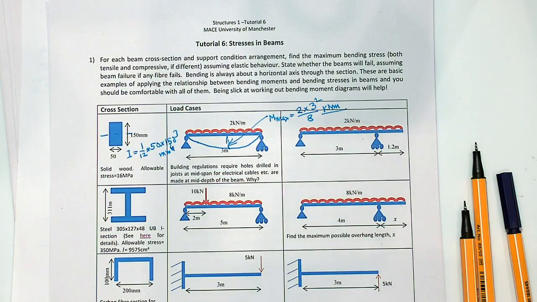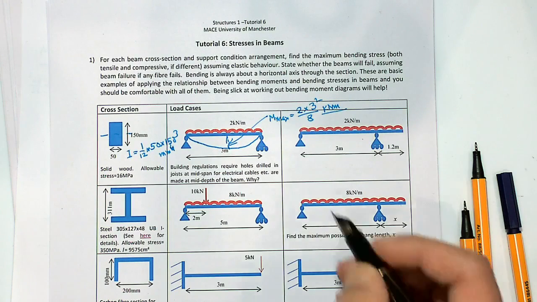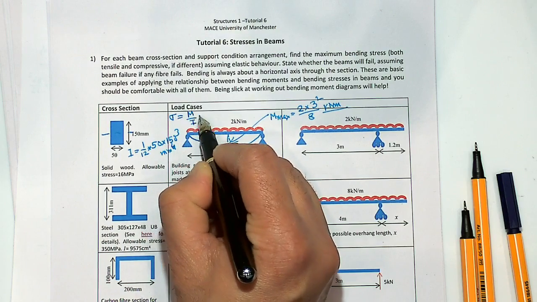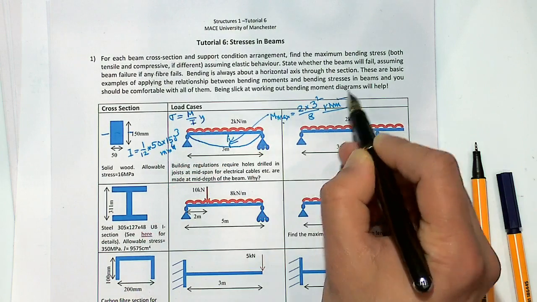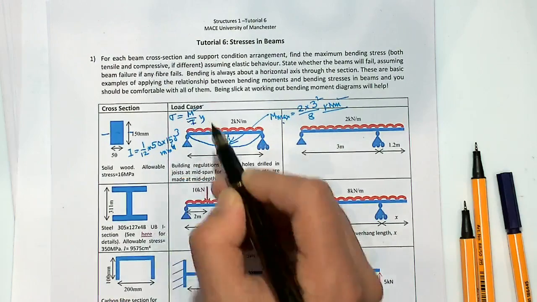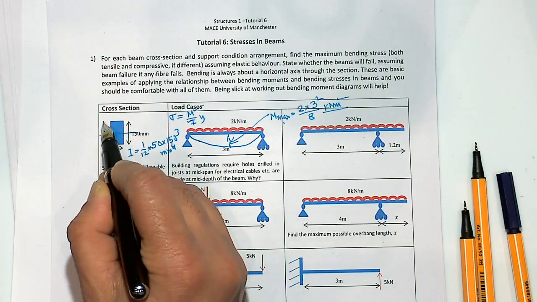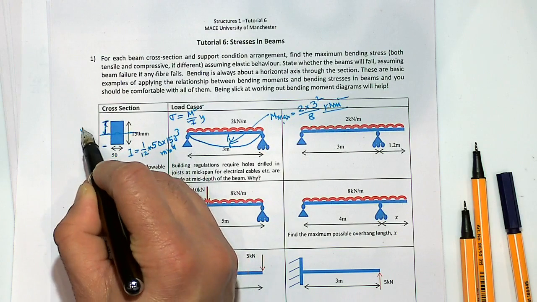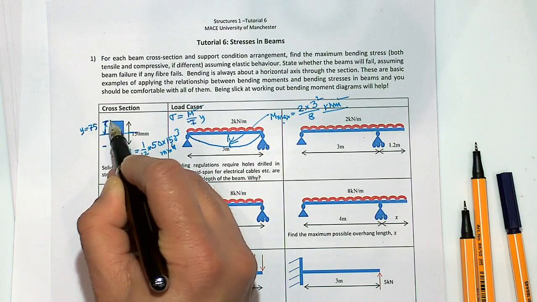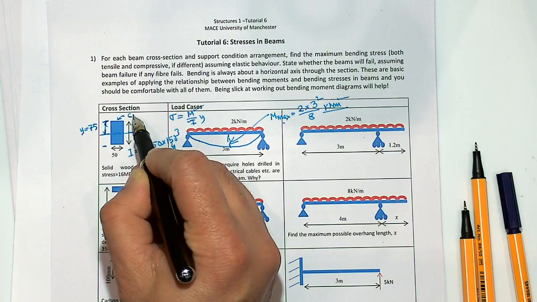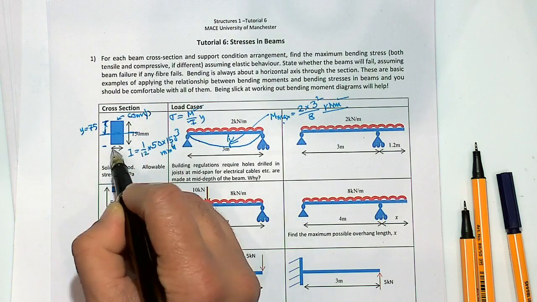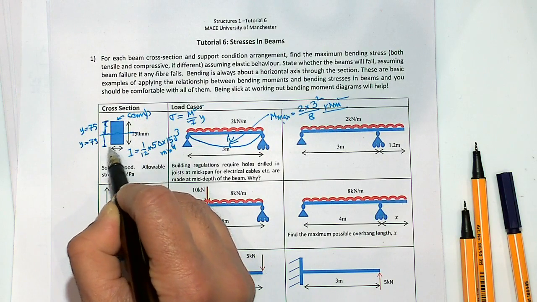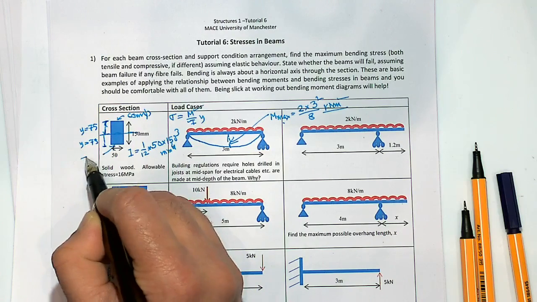Choose a unit which is consistent, and then find the maximum stress: sigma is M over I times y. M you know, I you know, and y would be maximum either here or there. So either y equal to 75, which will give you compressive stress at the top, and y equal to negative 75, which will give you tensile stress at the bottom face.